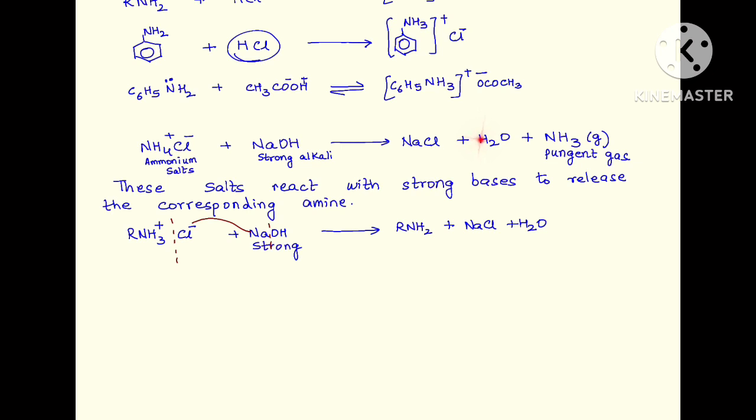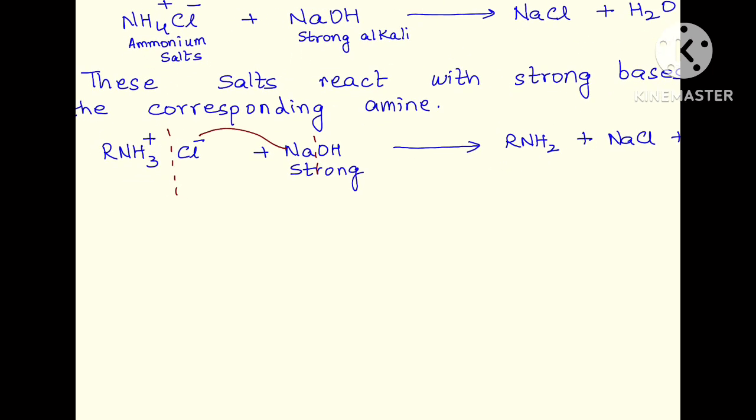The same fundamental applies to amines as well. So they also react with strong bases but they will release the corresponding amine, because here I will have it as RNH2. So look here, RNH3 positive, Cl negative.